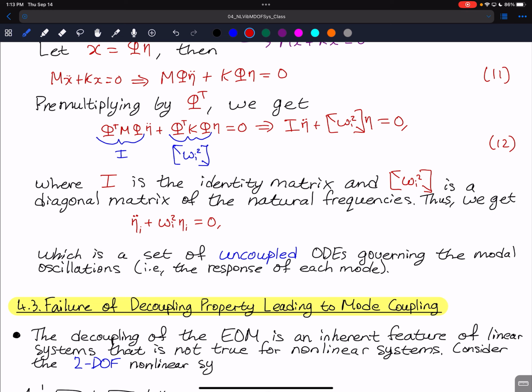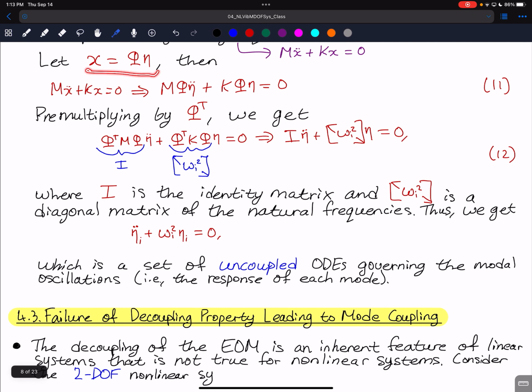So for each mode, we end up with a single second-order differential equation that governs its evolution over time, such that you can solve each of these equations separately, find eta, plug that back into our assumption for x at the top, and then find the response of the system. Here we've not looked at forcing, and we've not included damping. So long as you have proportional damping, you can expand and incorporate it. If you have non-proportional damping, then you have to use complex modes, which we're not going to cover.